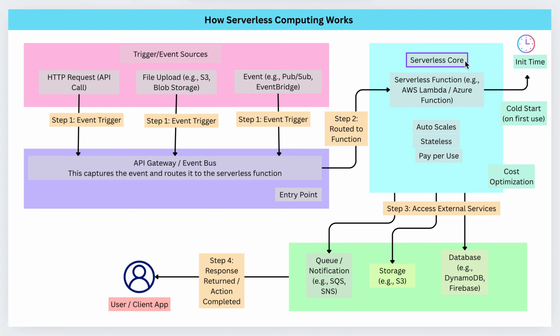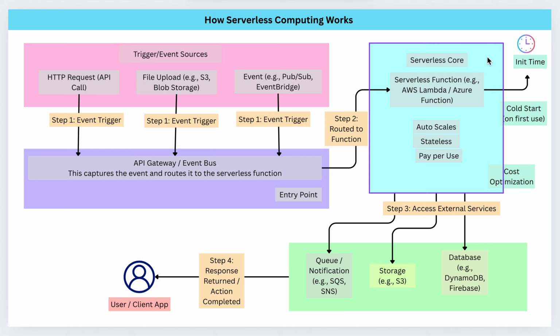Then we have the serverless function, which is the core logic. This is where the actual processing happens. The function as a service platform, for example AWS Lambda, Azure Functions, and Google Cloud Functions. Some of the characteristics of this serverless function are: it auto scales, it instantly adjusts how many instances are running based on demand.